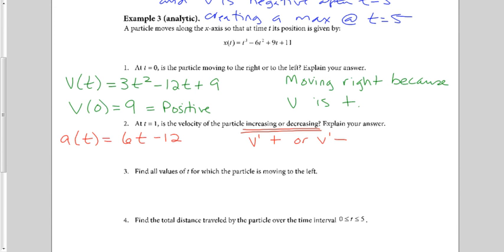And the question is, at 1, is my acceleration positive or negative? So when I plug that in, I get a negative number, which means my velocity is decreasing. And that's because my acceleration is negative.